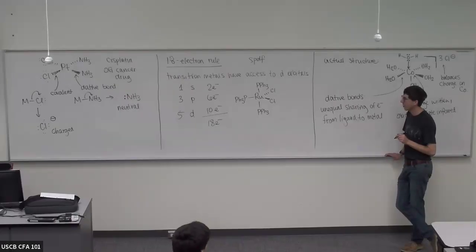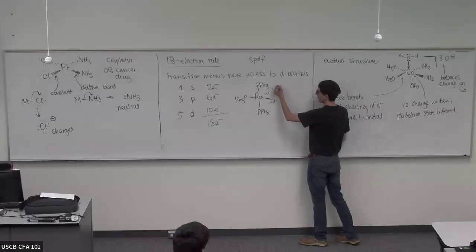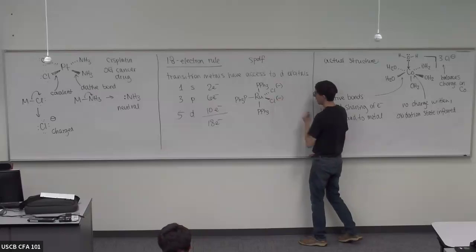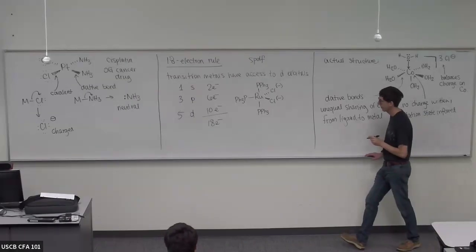So how do we figure out how many electrons the ruthenium has? I'm not going to ask you to do this, but essentially it involves knowing that both of the chlorides are negatively charged and the triphenylphosphine ligands are neutral.